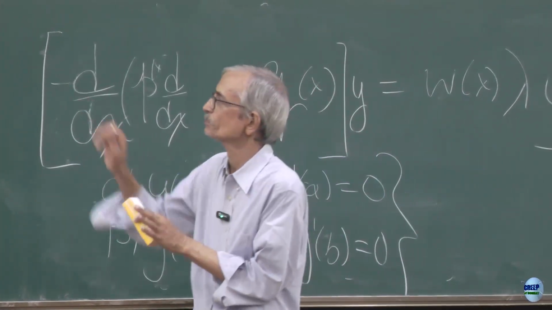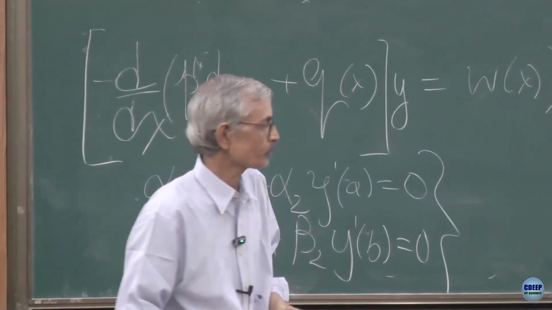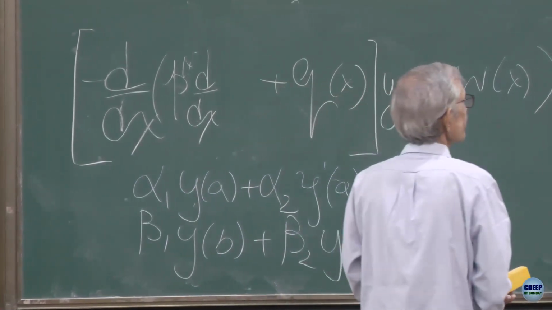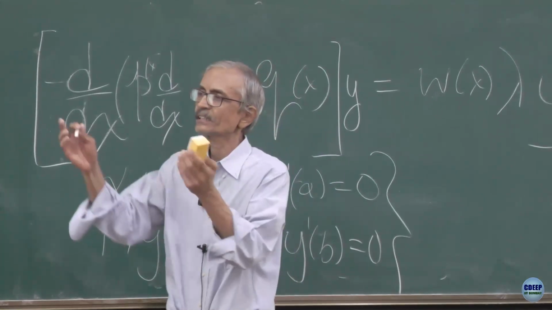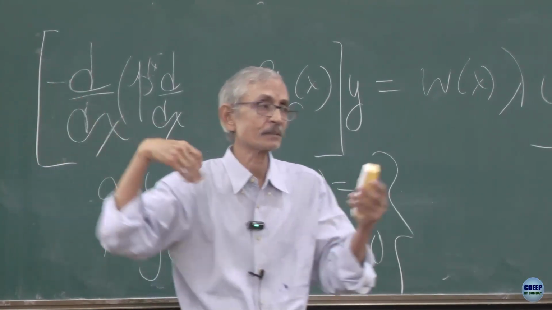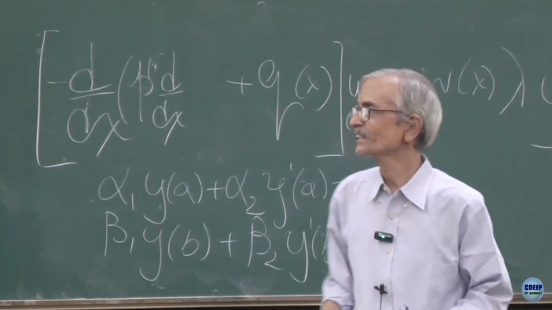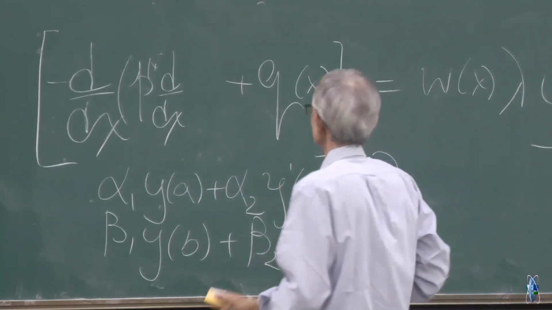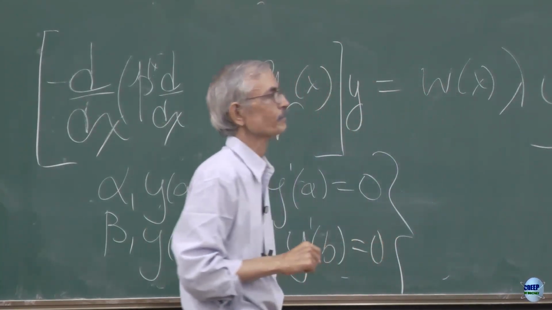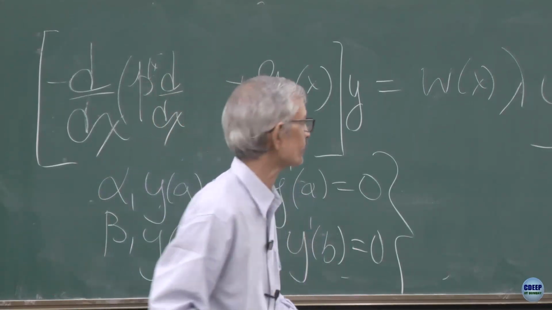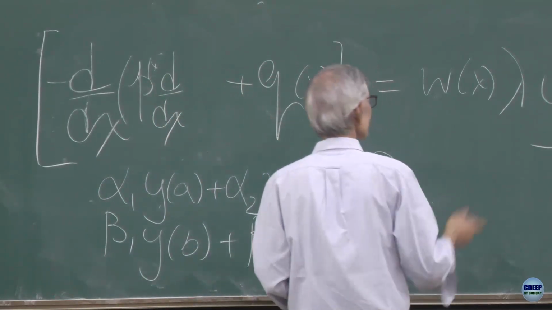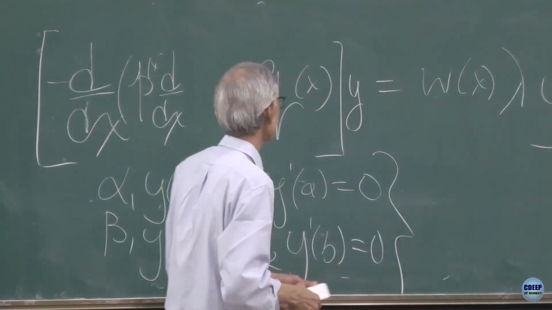Okay, so that's the only purpose of it. If both of these are 0, then that condition itself goes away, which means the condition is not existing, and therefore we put that rider which says alpha 1 square plus alpha 2 square not equal to 0, beta 1 square plus beta 2 square not equal to 0. Nothing more than that. So I'll not explicitly write that.